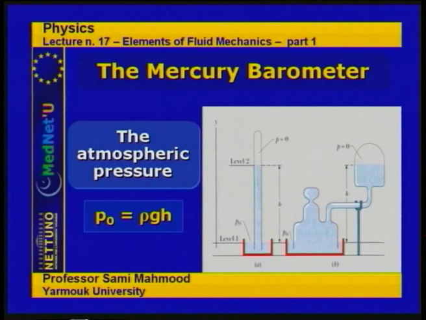So considering 2 points at the same level in the fluid, one of them at the surface of the mercury inside the dish, and one of them at the same level but inside the tube, and setting P2 at level 2 equal to 0, we can obtain 0 is equal to P naught minus rho GH, because in this case H, which is Y2, is a positive quantity and Y1 is 0.